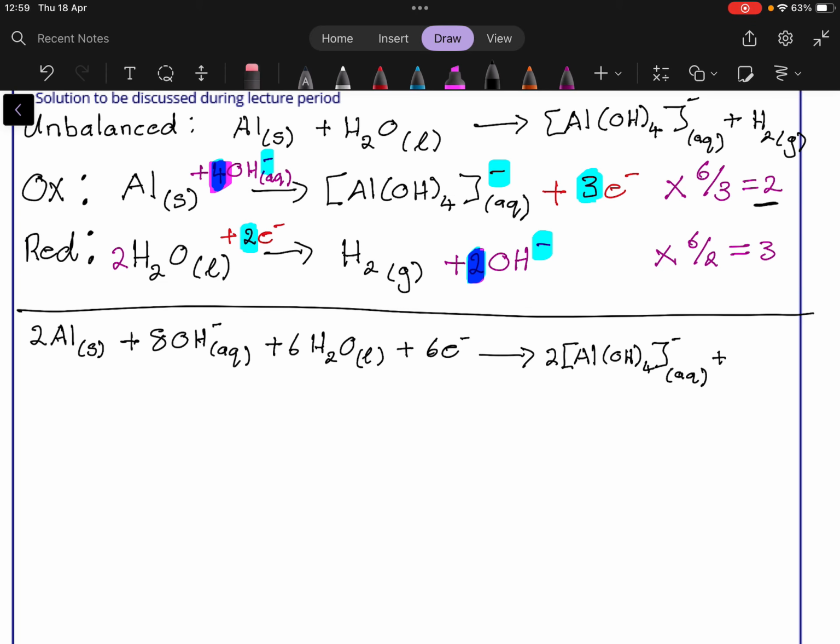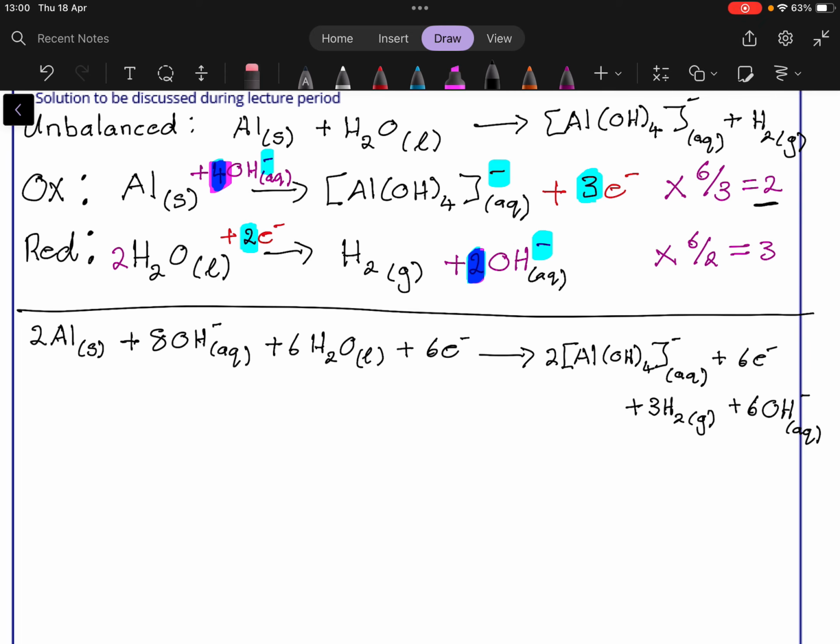We will have 3 times 2, so 6 electrons. And then we have plus 3 hydrogen gas plus 6 OH minus aqueous. Of course, there needs to be an aqueous here.